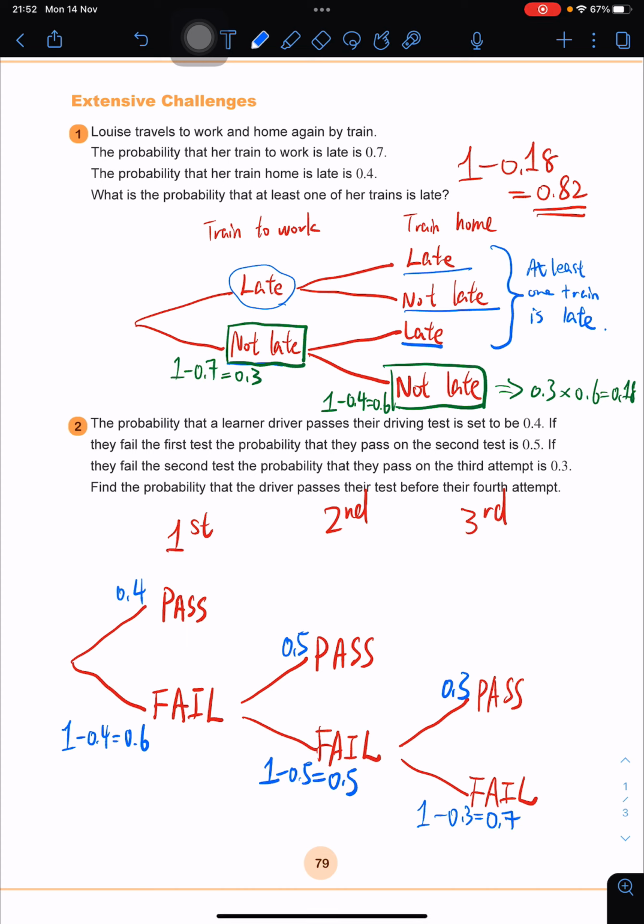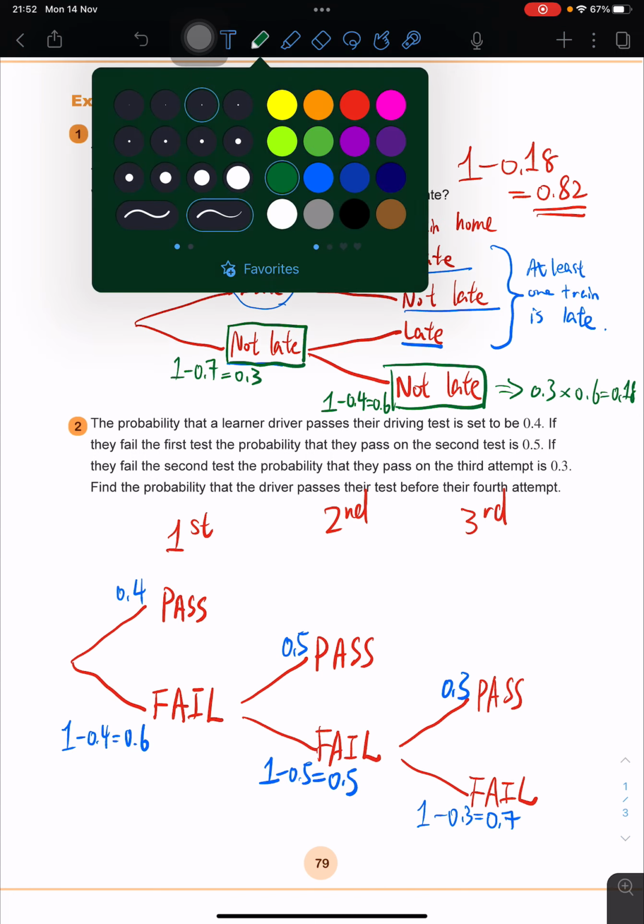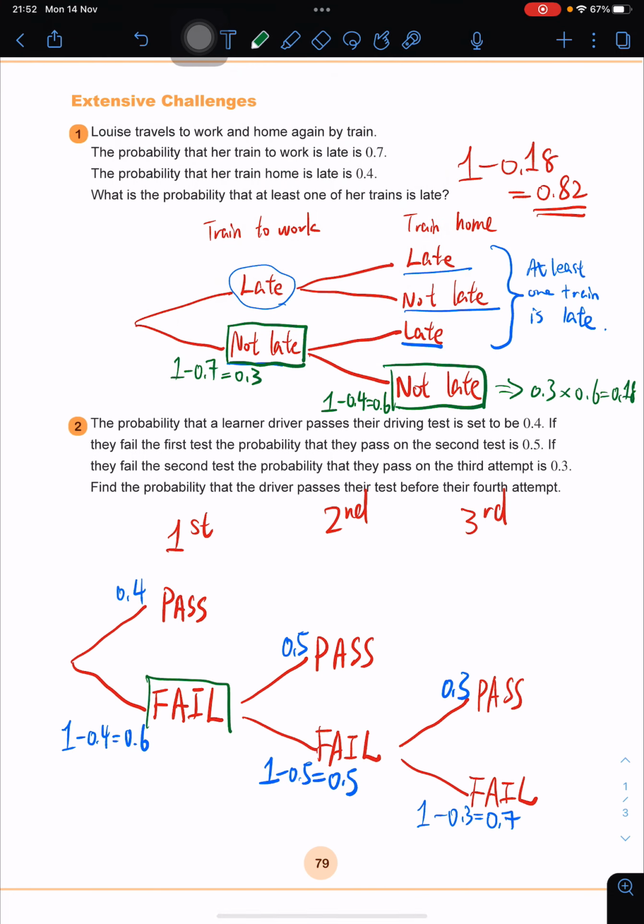Now, failing all three is the only case where the driver cannot pass the test before their fourth attempt. So what is the probability of failing three times in a row? It's multiplying all of these probabilities together: 0.6 multiplying 0.5 multiplying 0.7.